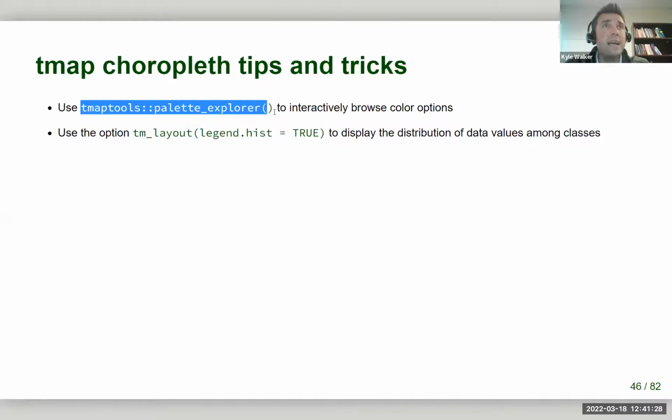This command in the slides, it's the palette explorer command in tmaptools. If you run this code from the slides, tmaptools::palette_explorer, and you make sure that you have all the underlying packages installed, so you'll need the shiny package and you'll need the shiny.js package. It's pretty cool.